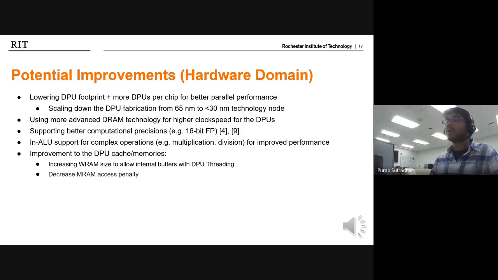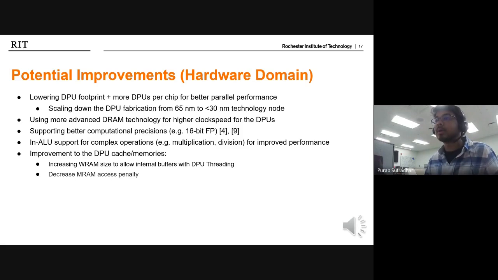So one possible solution is to go for high frequency DRAM technologies, or a way to decouple the operating frequency of the memory and the processor would also be a potential solution, which has been tried in some academic research, but it has potential.